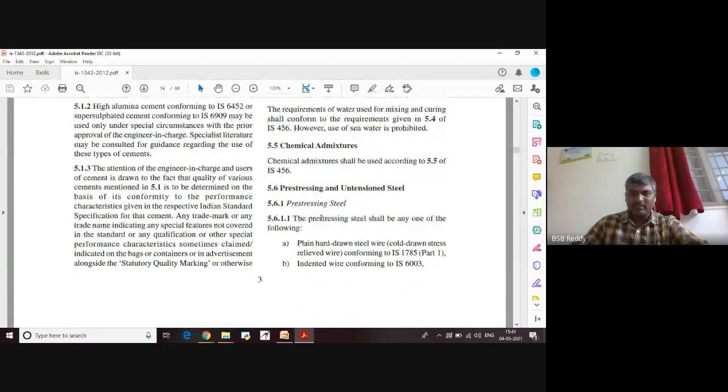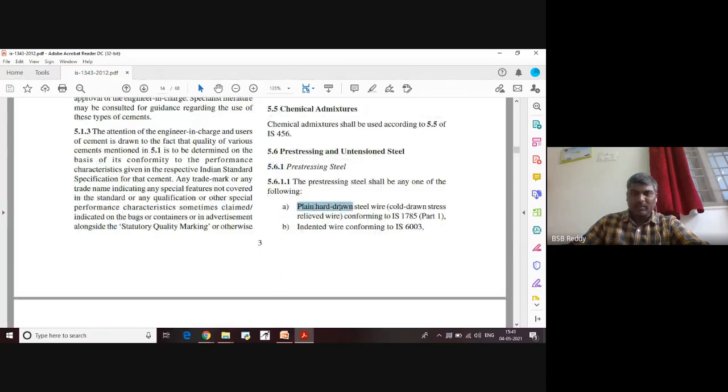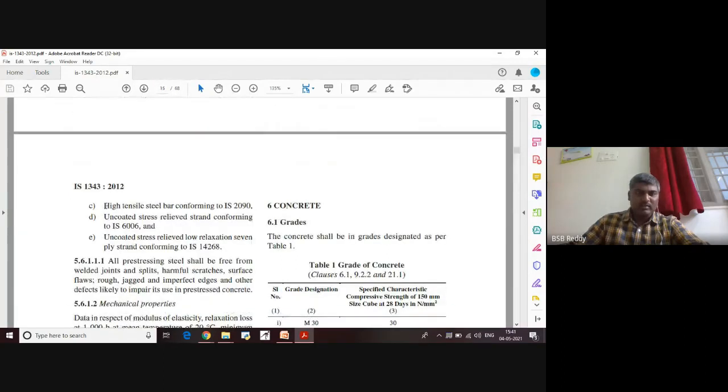Pre-stressing steel. Okay, so class 5.6 covers pre-stressing and untensioned steel both. Pre-stressing steel is covered in class 5.6.1. As I said, plain hard drawn steel wire, indented wire, high tensile steel bar, uncoated stress relieved strand, uncoated stress relieved low relaxation 7 ply strand.